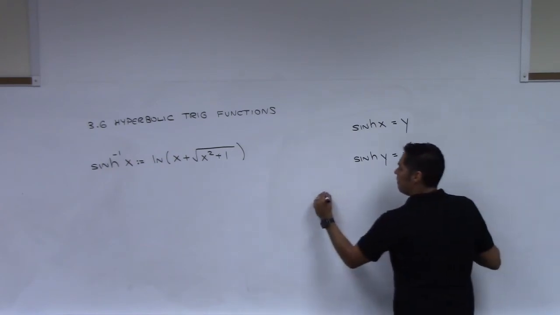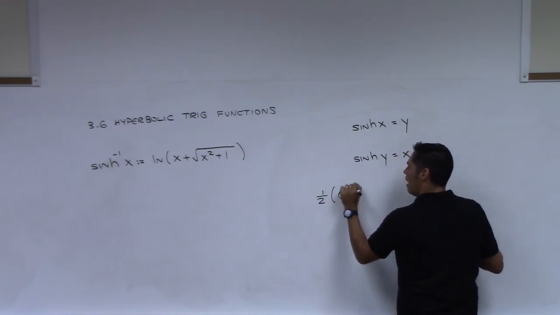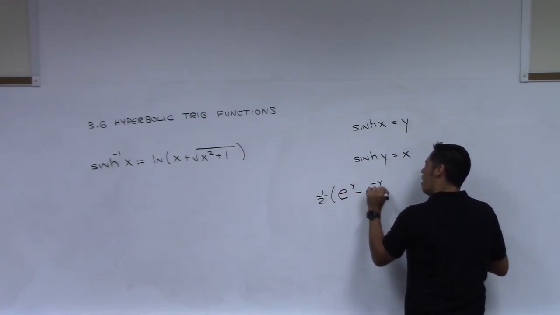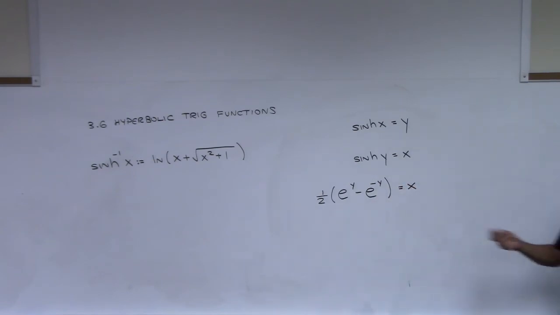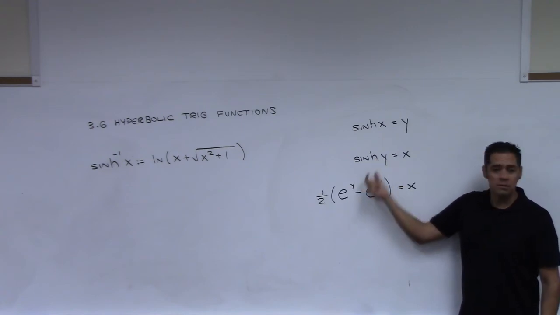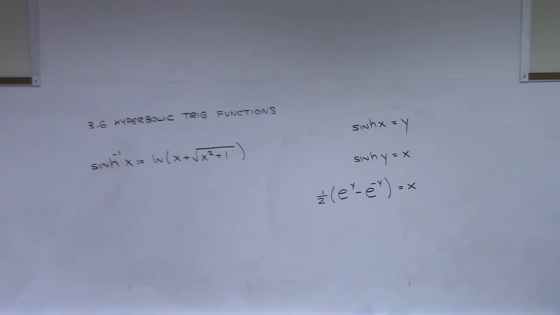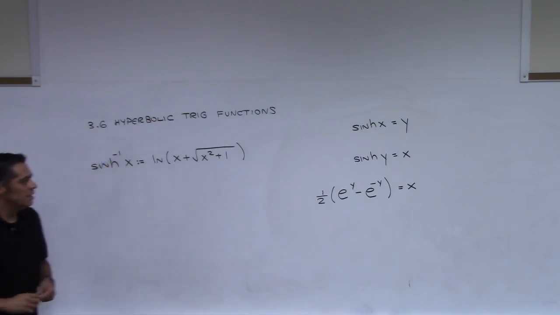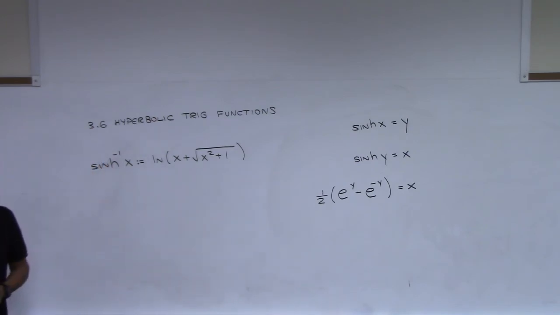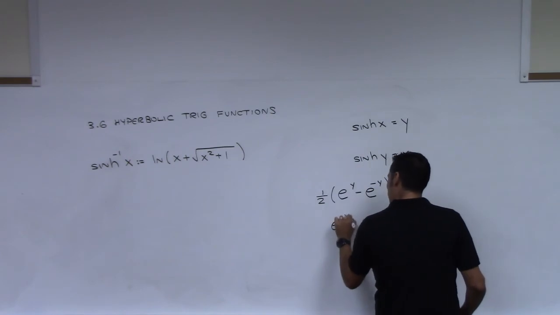So wouldn't this be 1/2 parentheses e to the y minus e to the negative y equals x? Isn't that sine hyperbolic of y by definition? And now you get to solve for y. And this is what I wanted to show you. How in the world can you solve that for y? Okay, I like that. Multiply by 2. That makes some things better.